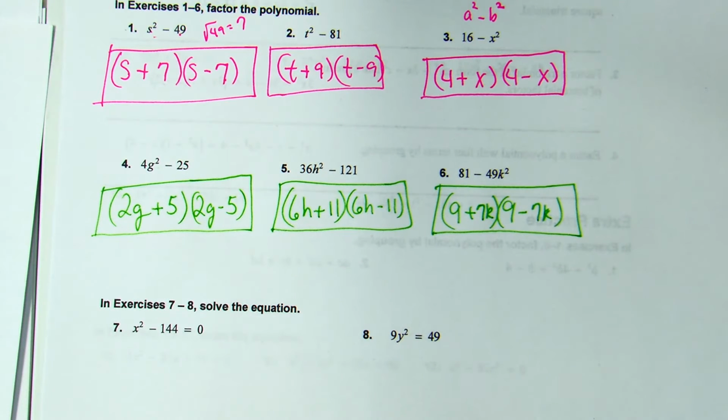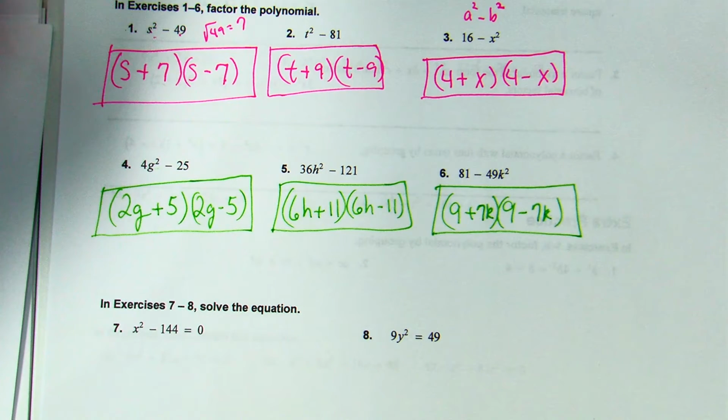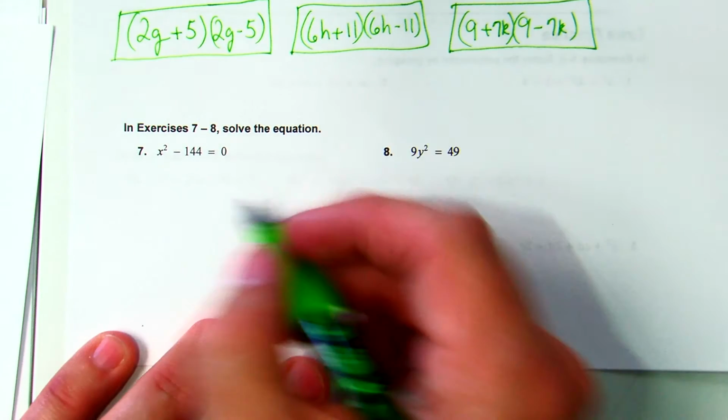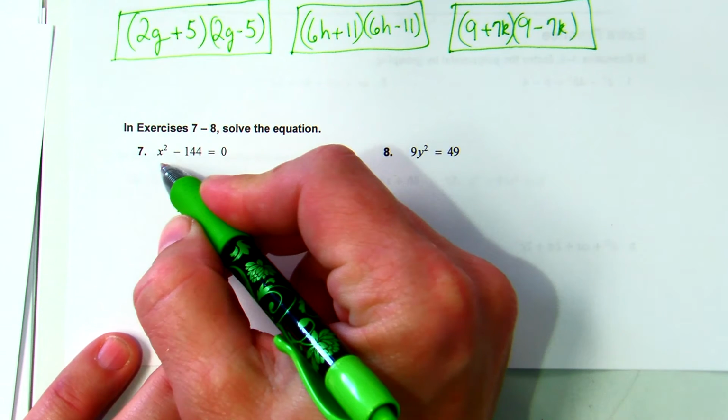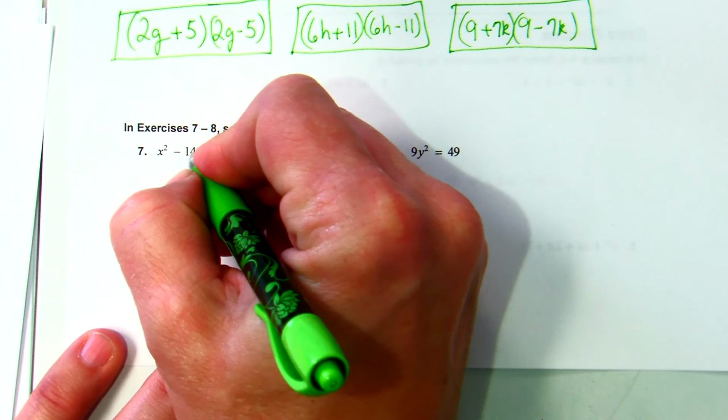All right. Now that we've learned how to factor these perfect squares, it's going to ask us to apply that principle in solving. So if we're going to solve this, we have to factor it first and then set each factor equal to 0. So that's what we're going to do on 7 and 8. Okay, so what is the factored form of x squared minus 144? This is 12 and that's x.